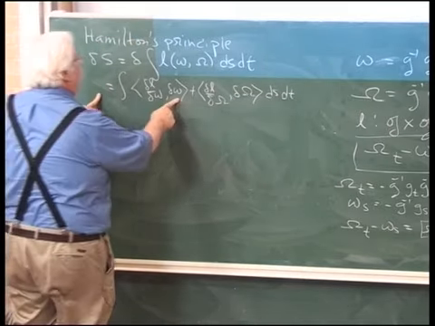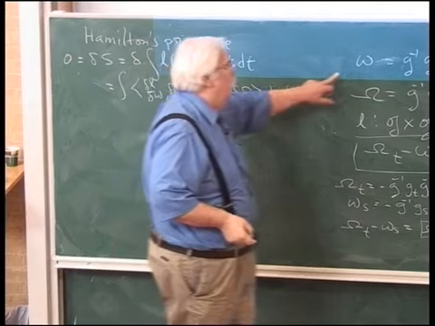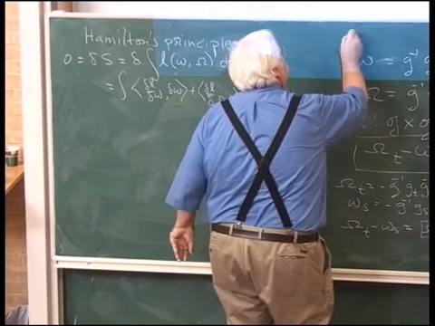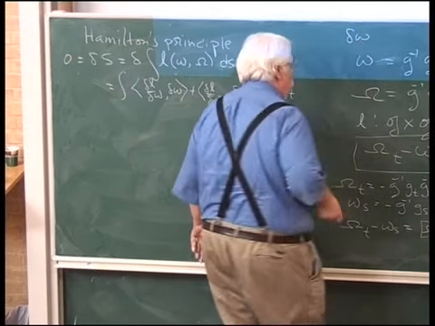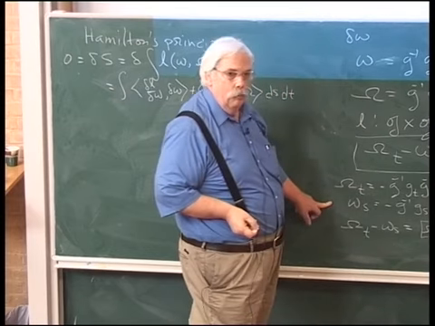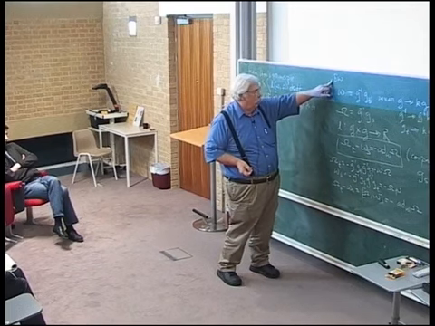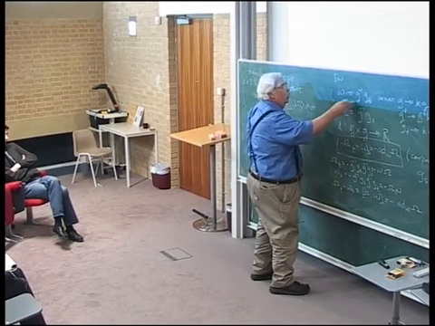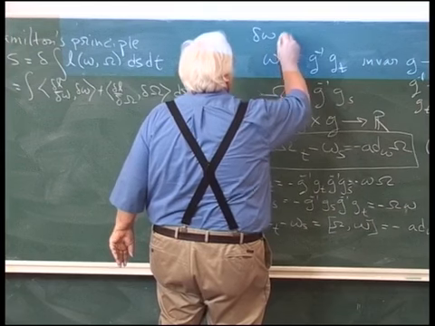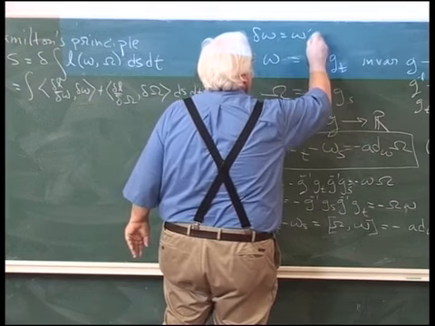So what we need to know is if this is omega, then what is delta omega? Okay, but we've just done this calculation. By the same kind of calculation, let's call this thing omega prime.